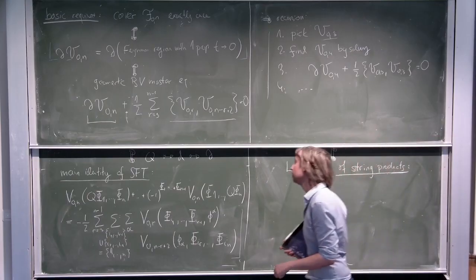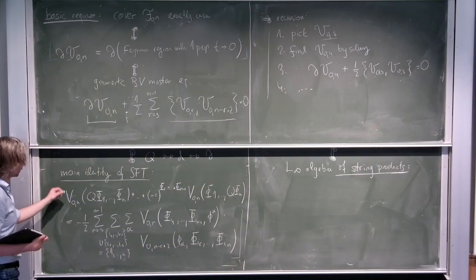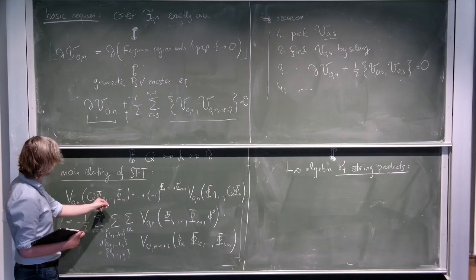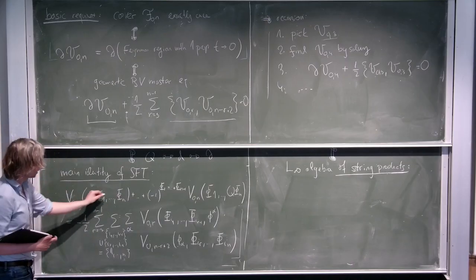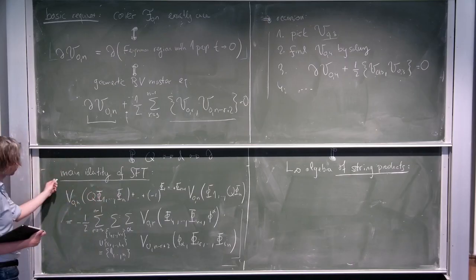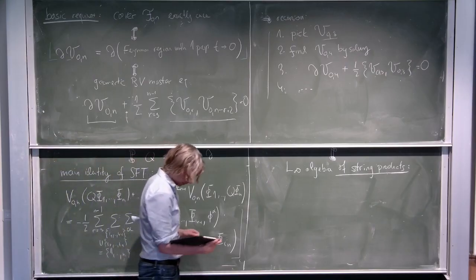So at this point, these vertices are just some maps which take me from n copies of the string Hilbert space to, in principle, complex numbers, right?